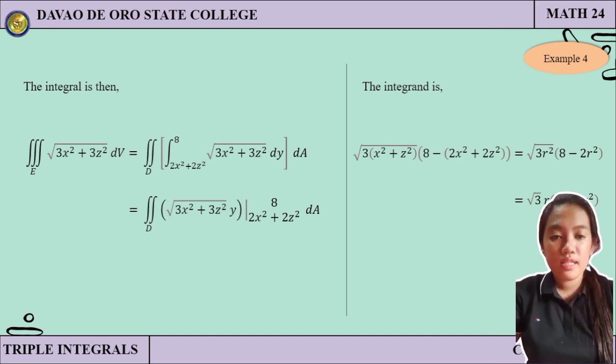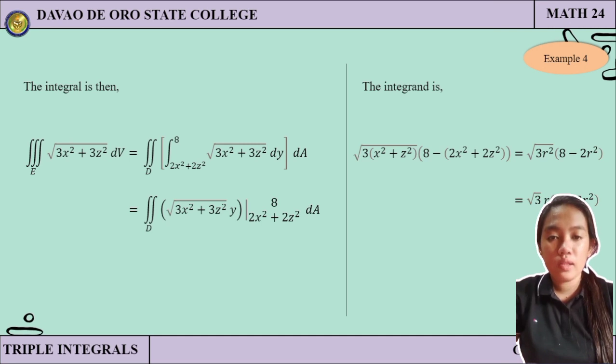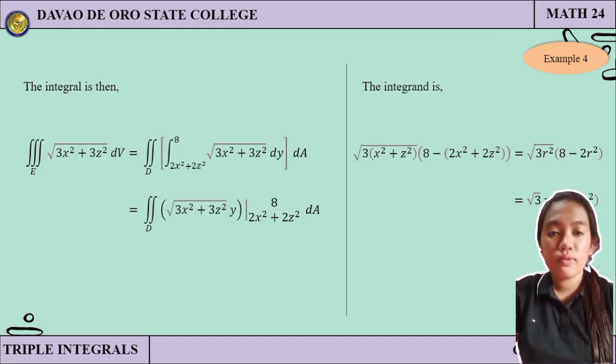The integral is then the triple integration of the function square root of 3x squared plus 3z squared dV, which is equal to the triple integration of the function square root of 3x squared plus 3z squared from the lower limit 2x squared plus 2z squared to the upper limit of 8 with respect to y.